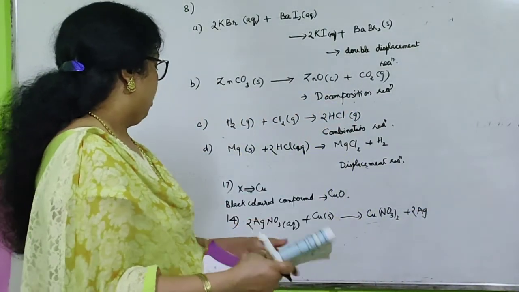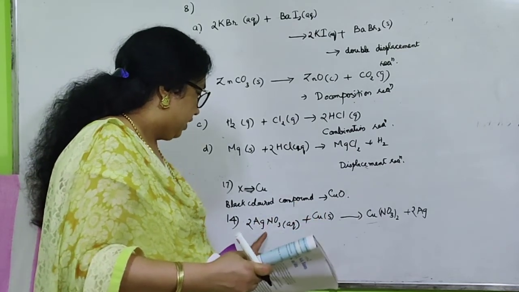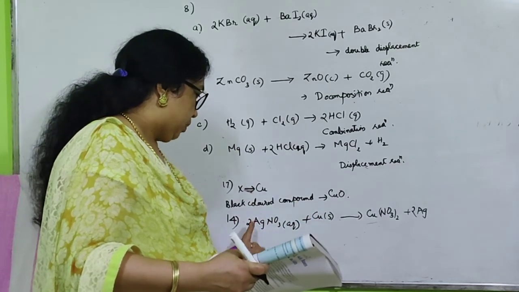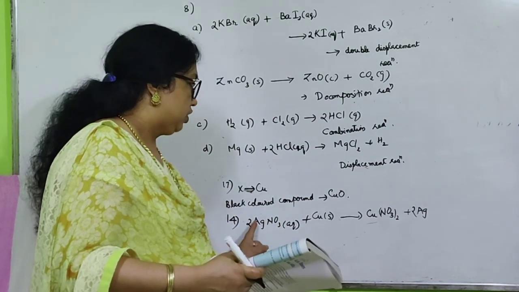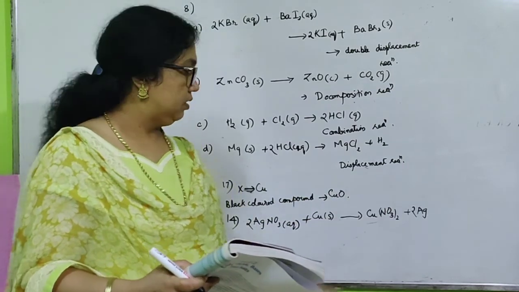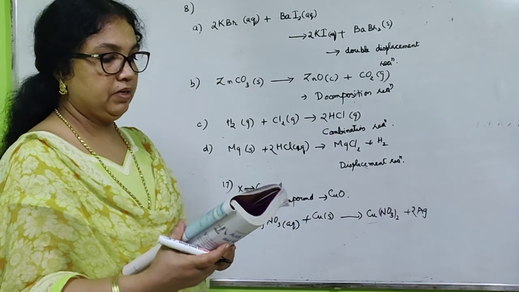Why? Copper is more reactive than silver, so when copper is added to silver nitrate solution, it displaces the less reactive metal silver. So that is a displacement reaction.